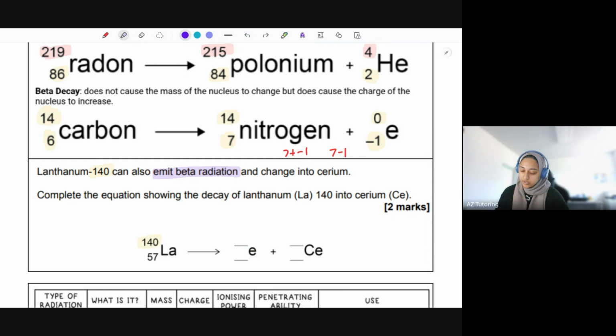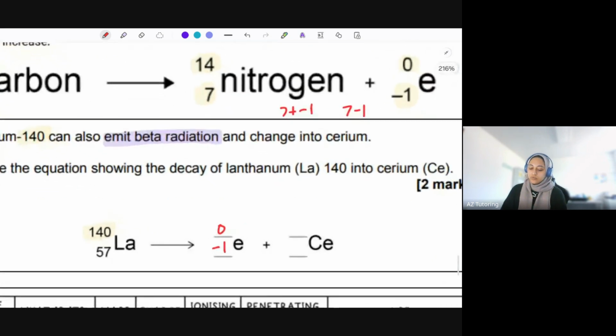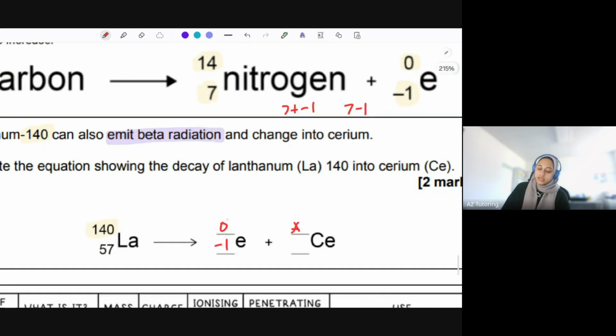Complete the equation showing the decay of this into here. Now, we don't know the mass and atomic number of this, but we do know it of the electron. It's 0 and -1 for these ones. So what we need to do is make sure that this and this add up to this. And we need to make sure that the bottom two over here add up to 57.